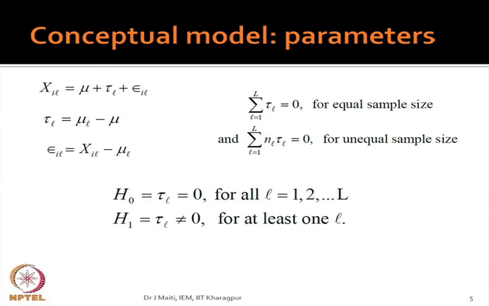Some are more than the grand mean, some are less than the grand mean, but the total effect will be 0. And if you go for unequal sample size, then your formula will be like this: the sum over l equal to 1 to L of N l tau l equal to 0. Okay.